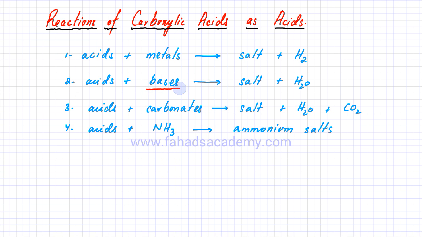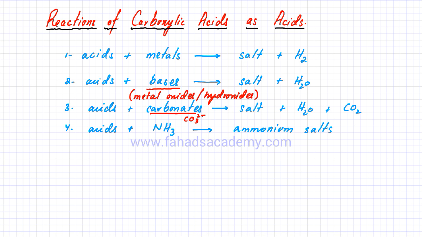Bases are metal oxides and metal hydroxides. Carbonates are any substance that contains the CO3 2- ion. They're mostly metal carbonates or ammonium carbonate. Anything that has the carbonate ion is called a carbonate.